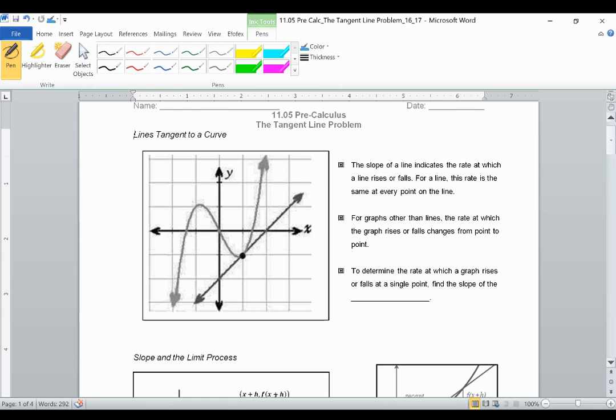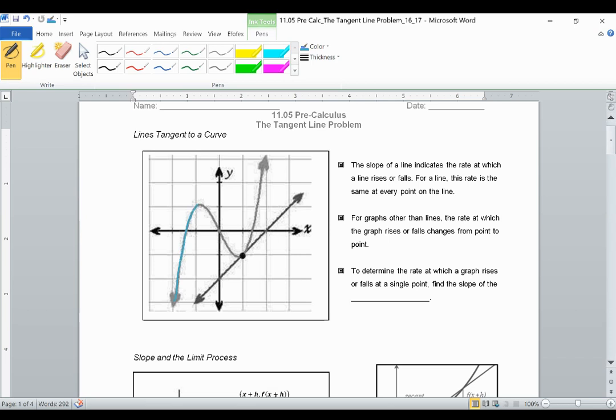When you get to calculus, you're actually going to learn a much faster way of taking derivatives. But for pre-calc, our goal here is to really understand the formula and be able to utilize that in finding our derivatives. So first, we're going to look at the line tangent to a curve.